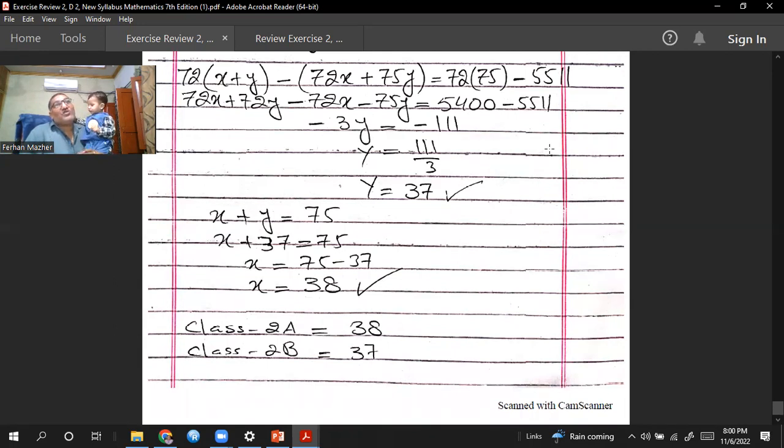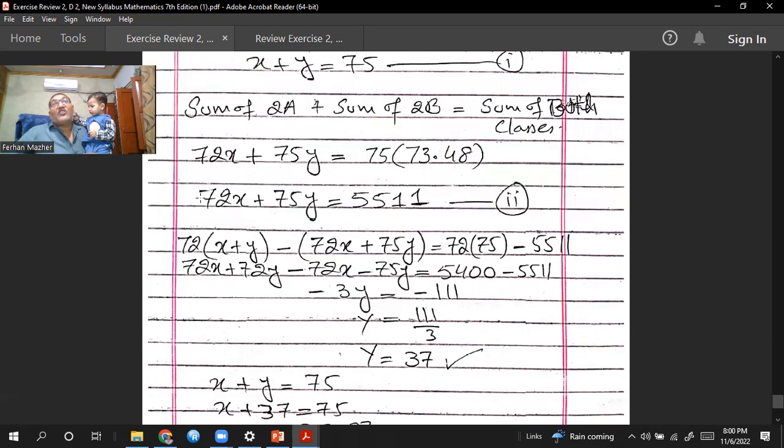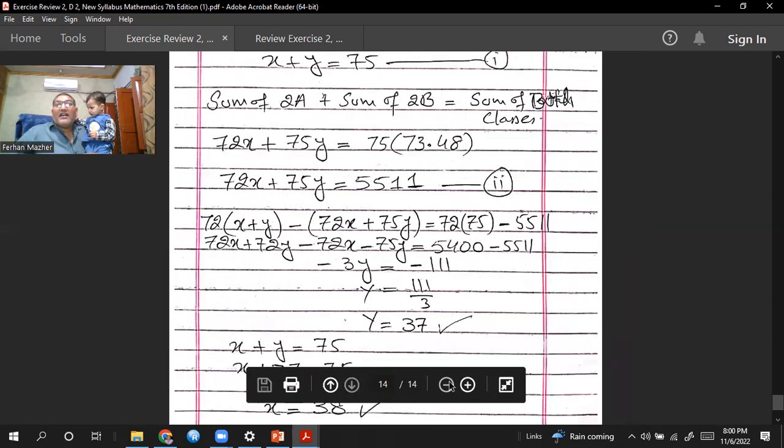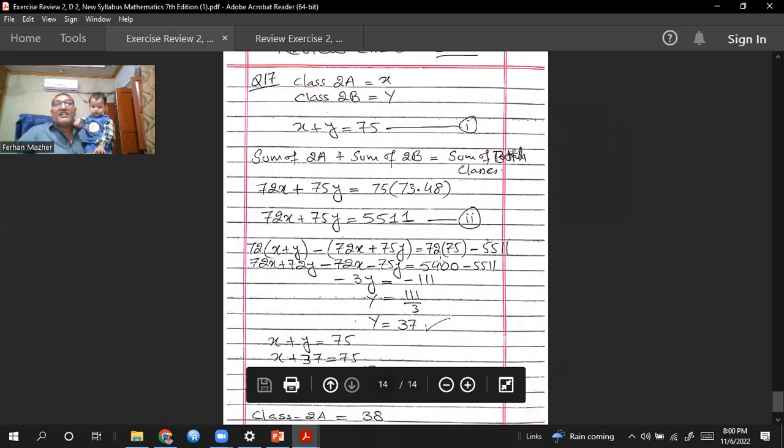So X will be equal to 38. The value of X is 38, and the value of Y is 37. So it means in class 2A there are 38 students, and in class 2B there are 37 students. If you add them, the total students are 75. So this is how you will do question number 17.